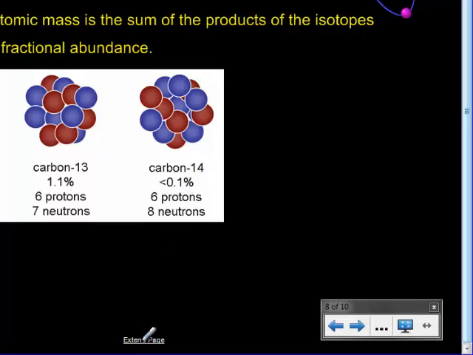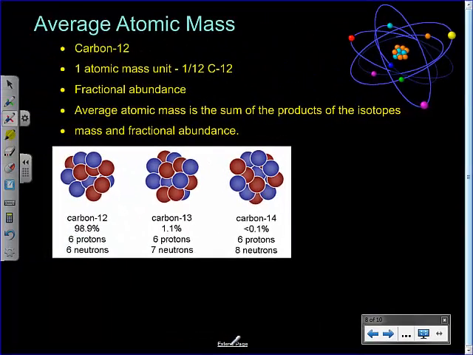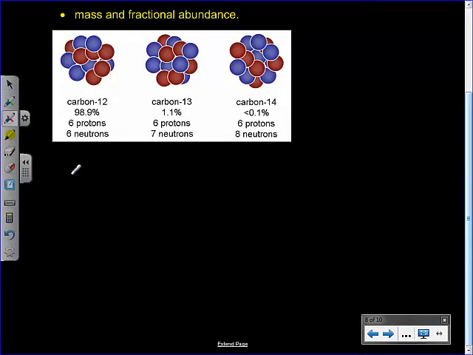So when you calculate the average atomic mass, you do what's called a weighted average. You take the mass times the fractional abundance, and you take the sum of them all. This little Greek letter sigma means sum.